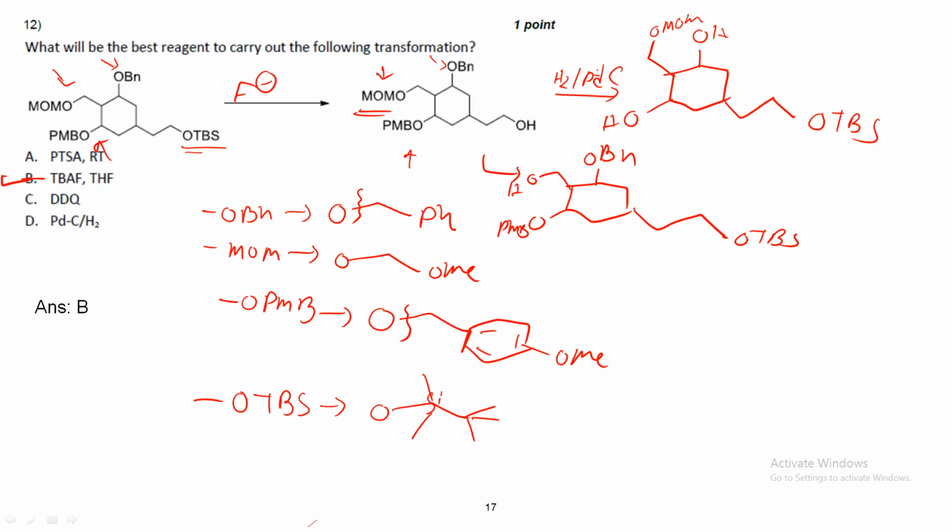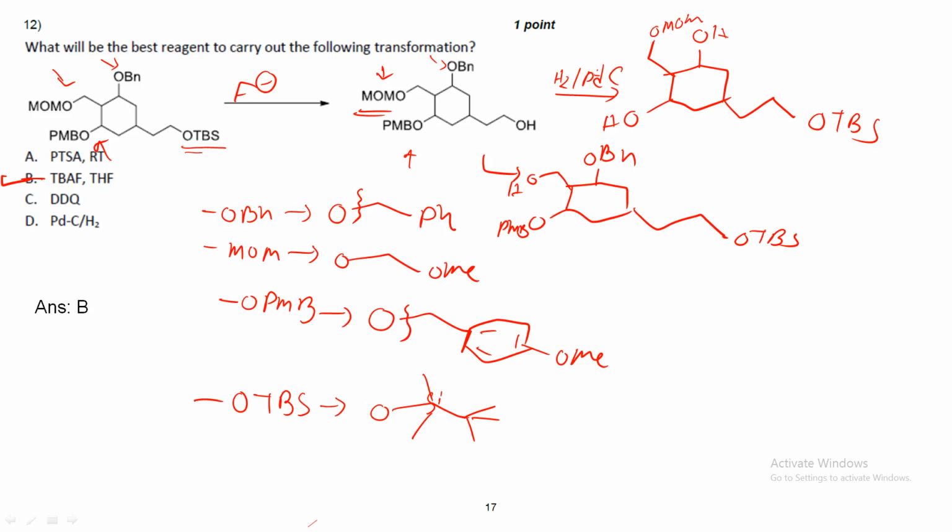So that's how you can think of how the use of different protecting groups can be useful. Let's say I want to do the chemistry only at this center, then I would be using fluoride. If I want to do chemistry over this and this, then palladium charcoal can be used.